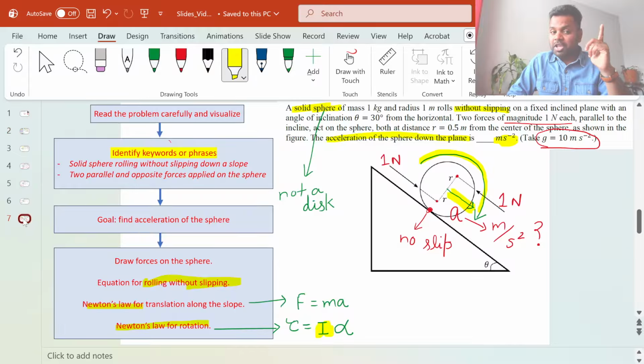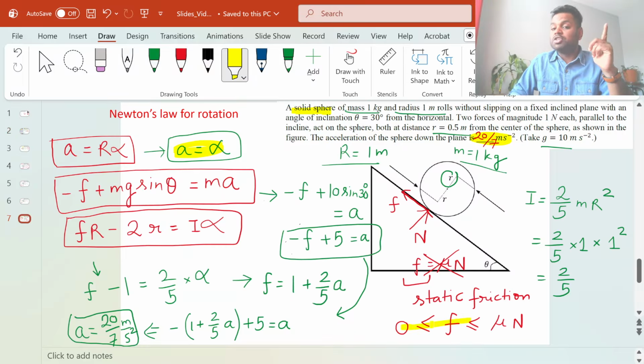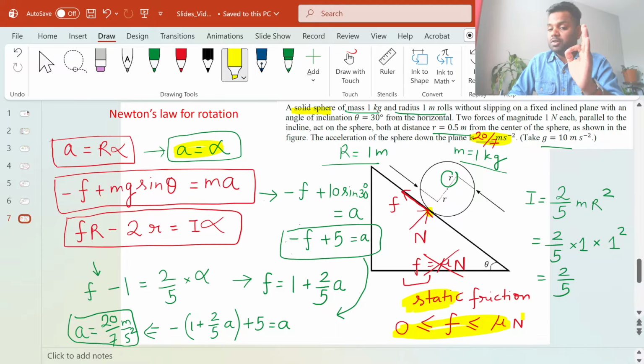And important thing, please don't forget, it is not kinetic friction because there is no velocity at this point. So it is static friction, and in static friction, F is in a range from 0 to a maximum value. So do not put mu N, right? And if you do that, you will then make a mistake. And when you do everything right, you will get 20 by 7 meter per second square.